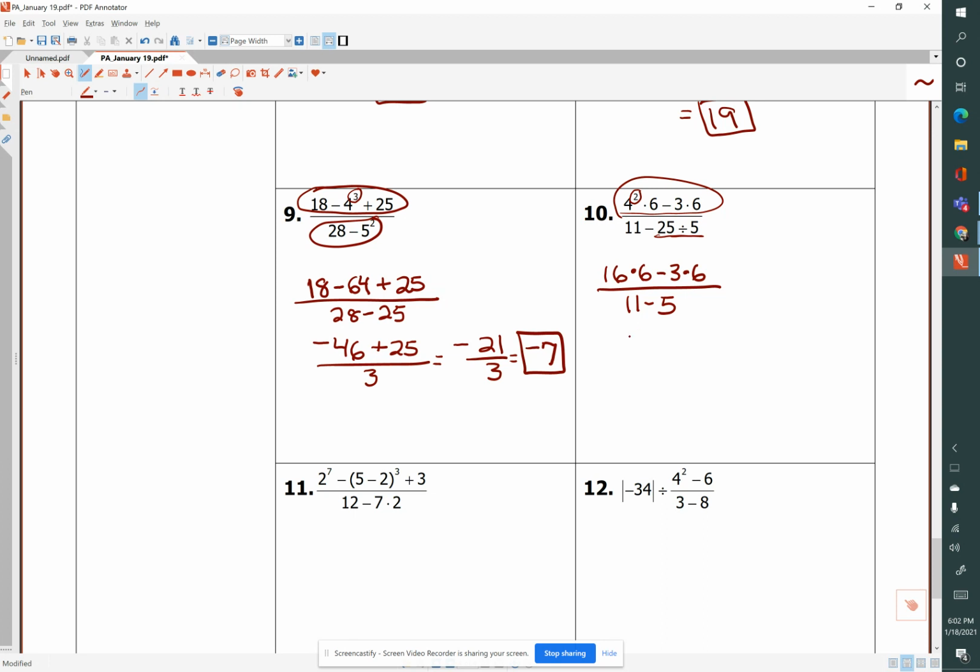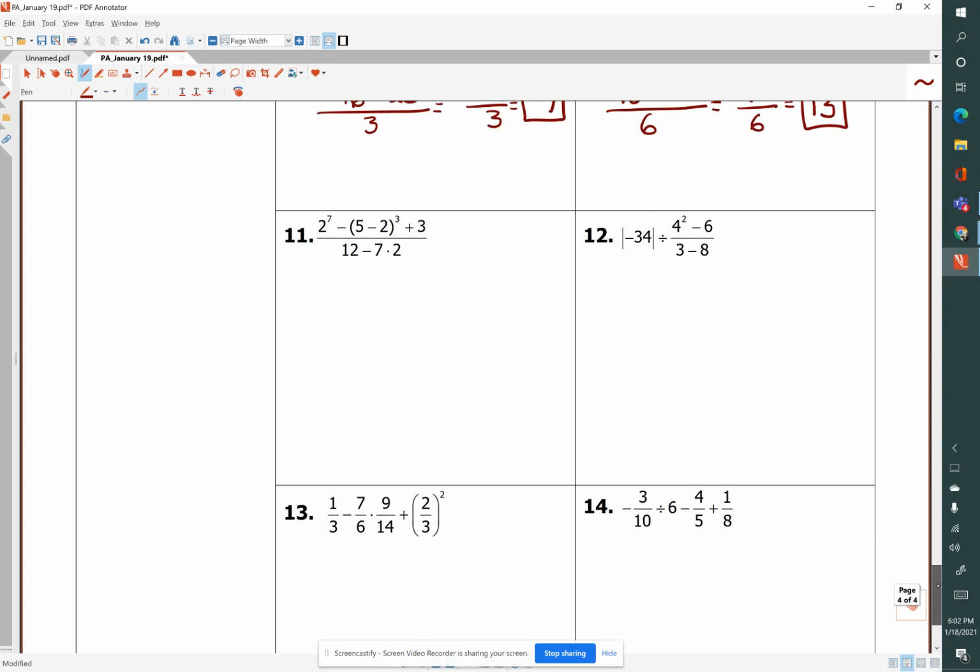Now, in the numerator, we're going to do the 16 times 6, which is 96, minus 3 times 6, which is 18. 11 take away 5 is 6. Now, 96 minus 18 is 78, and we have 6. And 78 divided by 6 equals 13.